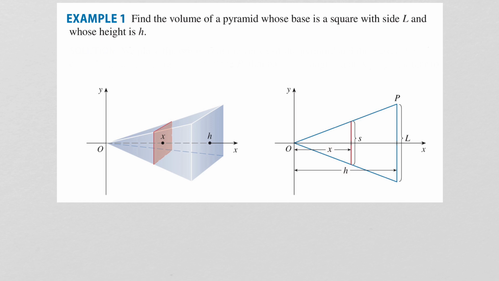And so if we look at that pyramid in a two-dimensional setting here, this represents this slice. If we wish to find the area of this cross-sectional piece, we need to find the length from here to here, because this length represents the length of one of the sides of this square.